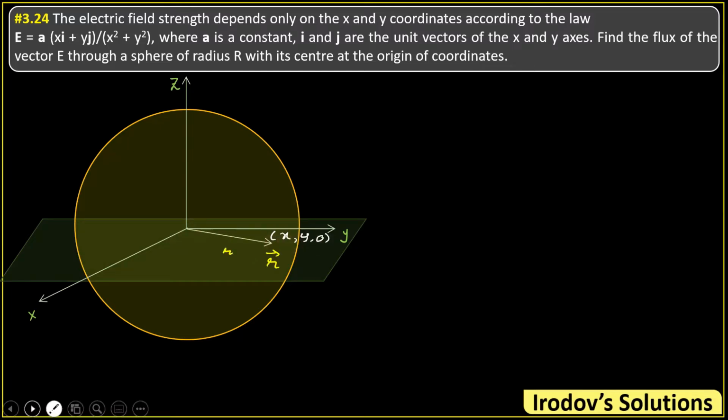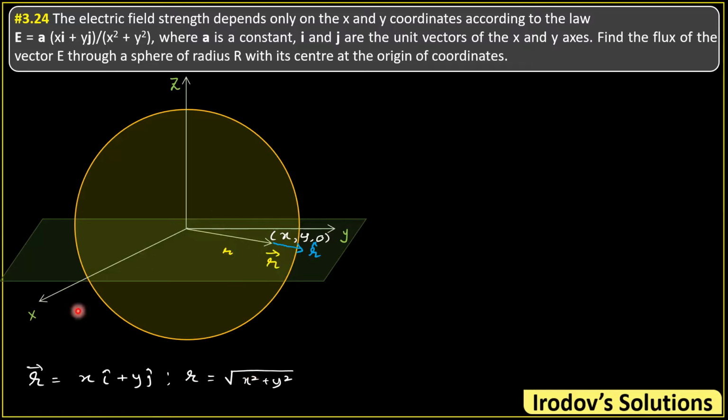So this vector is say r vector, its magnitude is r, and the unit vector in the direction of this r vector is r cap. This r vector can be written as x i cap plus y j cap, and the magnitude of this r vector, small r, is obviously square root of x square plus y square.